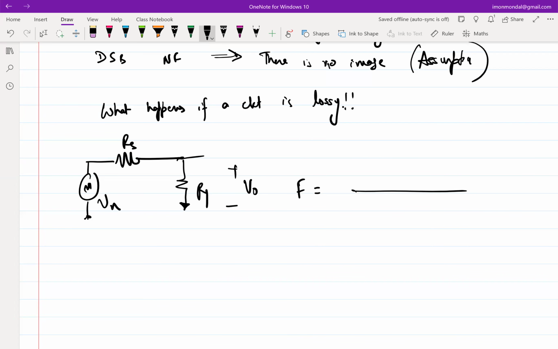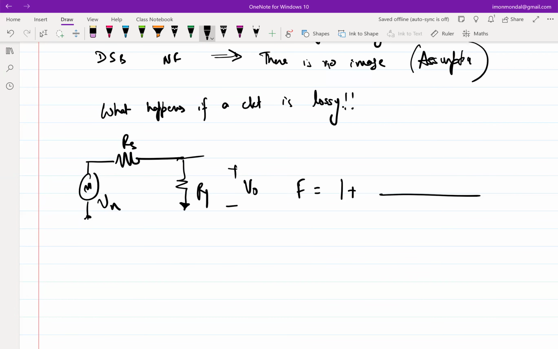In the denominator, I will have the noise contributed by the source, and in the numerator, I am going to have the total noise, right? Or I can simply say 1 plus, in the denominator, the noise contributed by the source, and in the numerator, the noise contributed by the extra element, which is R1. So you can do either.